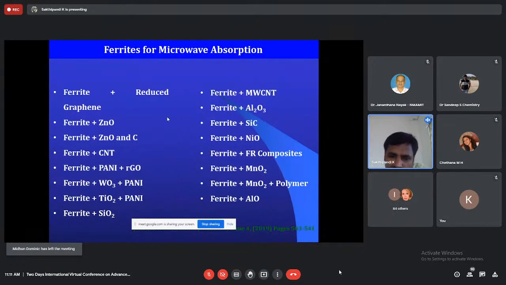So various combinations we can try, for example ferrite plus reduced graphene, ferrite plus zinc oxide, ferrite plus ZnO, ferrite plus WO3 and Pani. So many combinations you can do, and for all these combinations you can find the electromagnetic shielding properties.